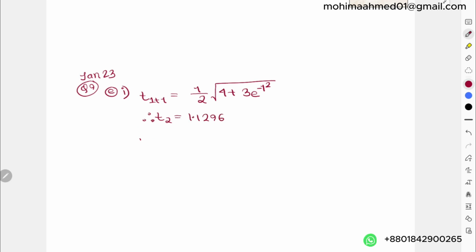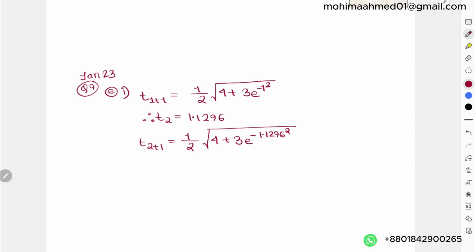Okay, and then again after this, if I want to find out x3, I'll have to continue with this as x(2+1). So half 4 plus 3e to the minus 1.1296 squared, and then everything under the square root.